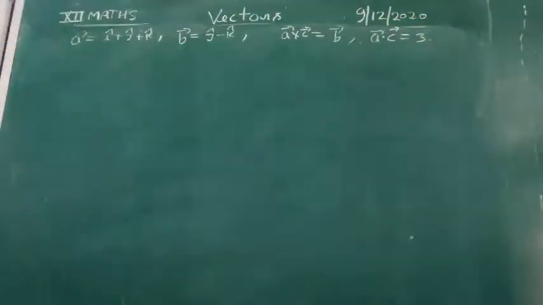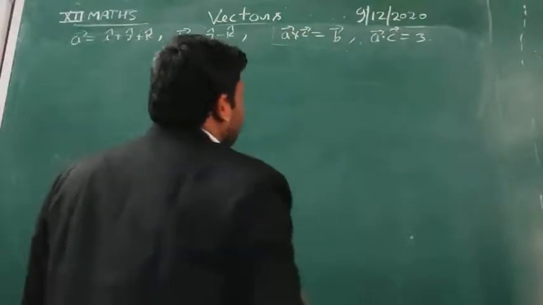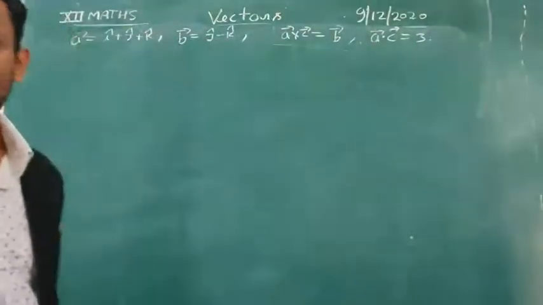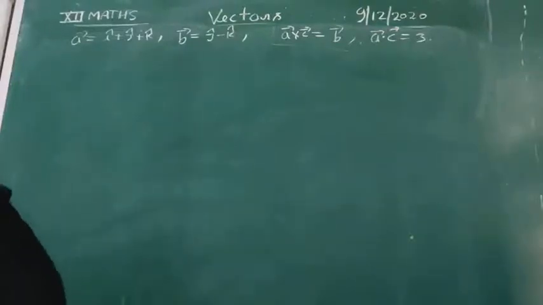So we have to find the vector C such that A cross C is equal to B and A dot C is equal to 3, given vector A is I plus J plus K and vector B is J minus K.